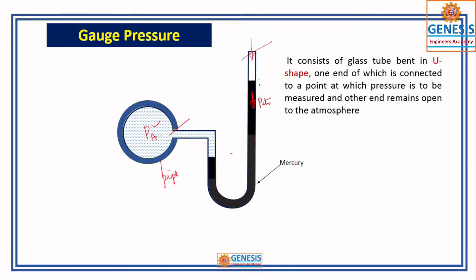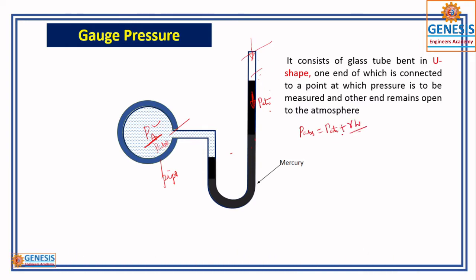Why? Here the pressure is atmospheric. If the absolute pressure is above the atmospheric pressure, then only it moves up. That means P absolute equals P atmospheric plus gamma H.